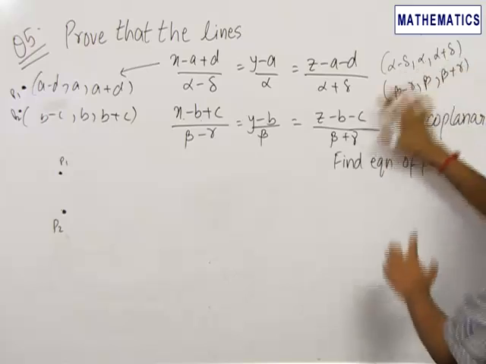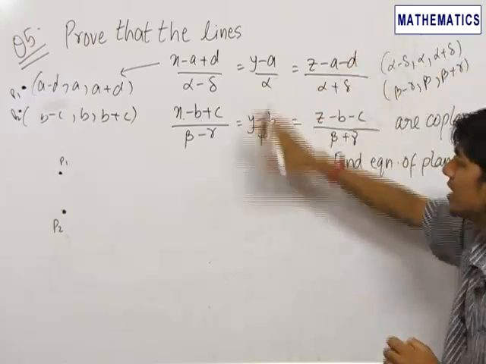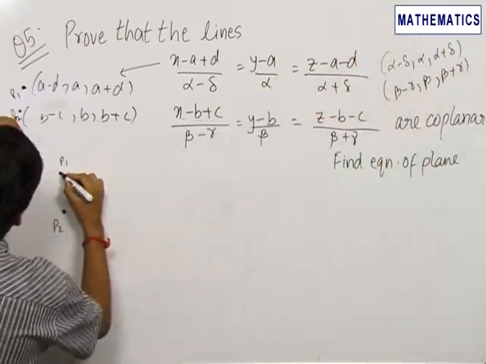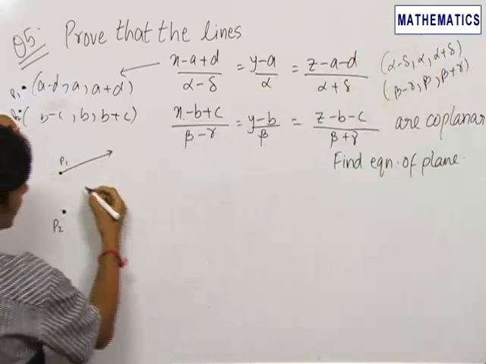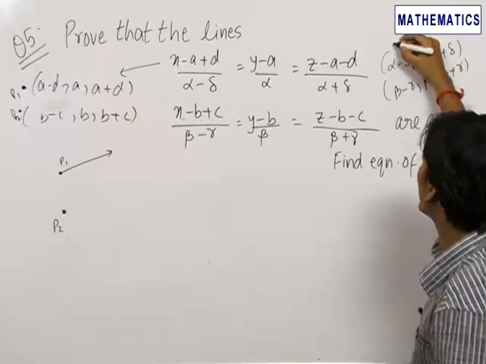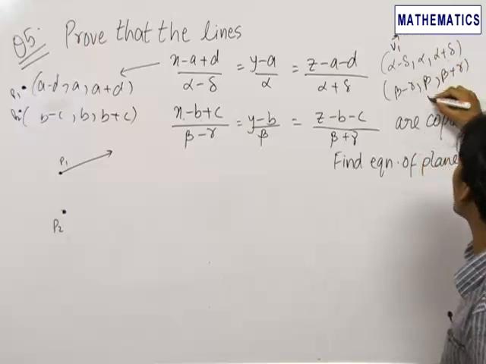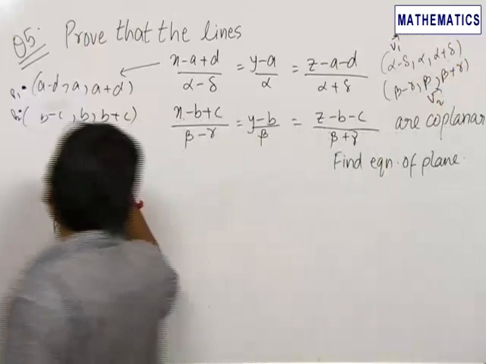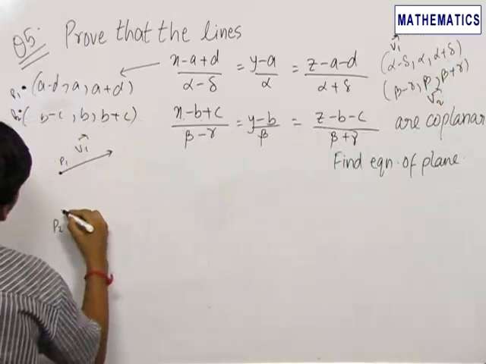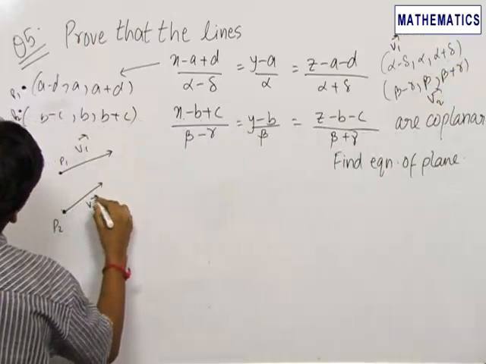Now these two are the two vectors in the direction in which the line lies. Therefore we have a line passing through P1 in the direction of vector V1. Let me call this V1 vector and this one V2 vector. Therefore this is V1 vector, and we have another line in the direction of V2 vector.